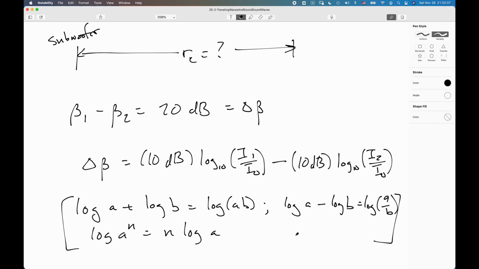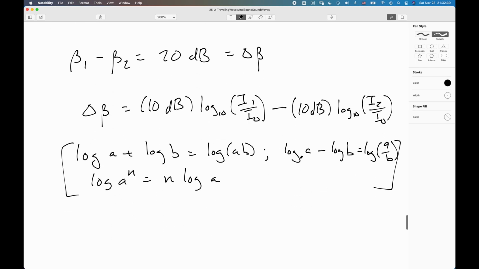But here, this is the one we need. Log A minus log B is the log of the quotient.